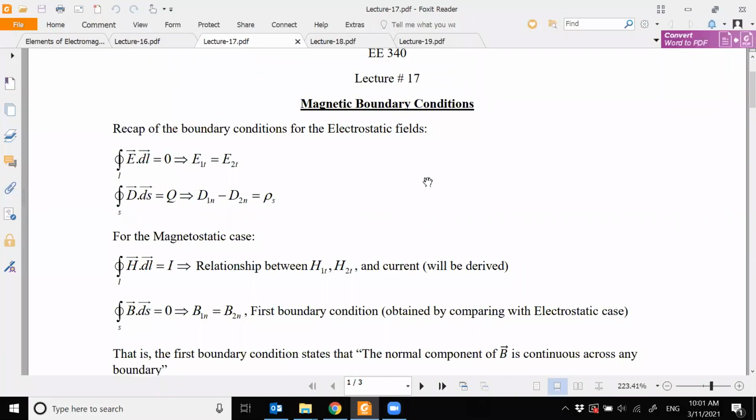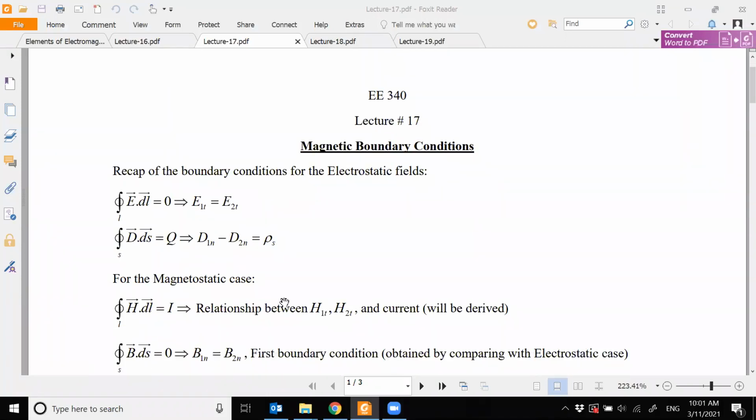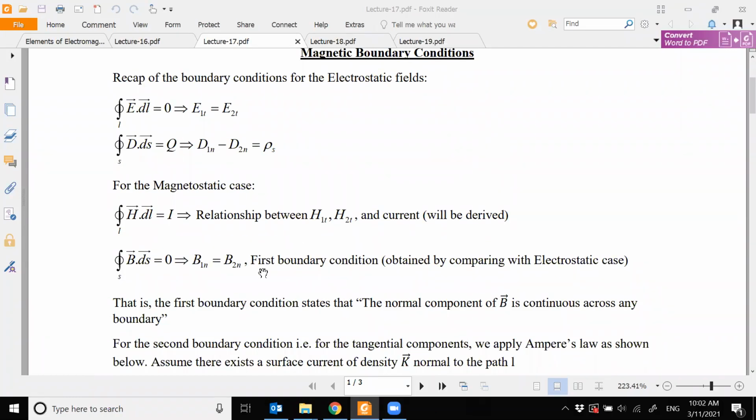So in the last class, we were in lecture 17, where we looked at the boundary conditions, and we got two boundary conditions. One is that the tangential component of the magnetic field is continuous, or equal to the surface current at the interface, and second is that the normal component of the magnetic flux density is continuous at the interface.